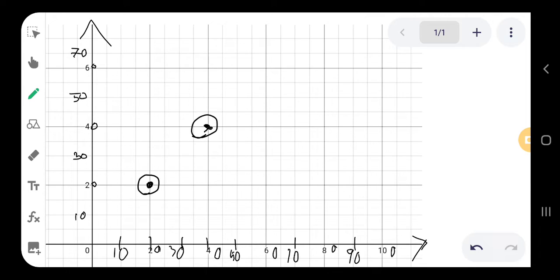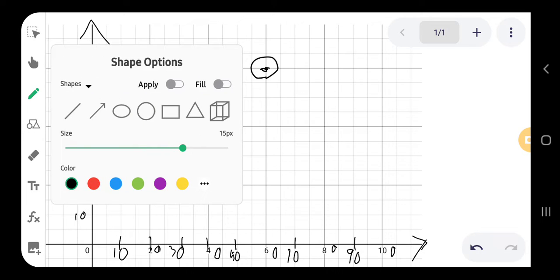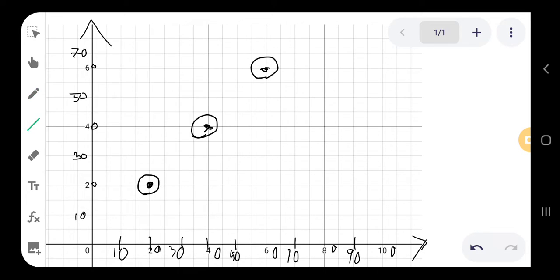So suppose this is the straight line. Let me make the straight line. So I'll get a straight line like this. This line is straight because it is uniform speed.